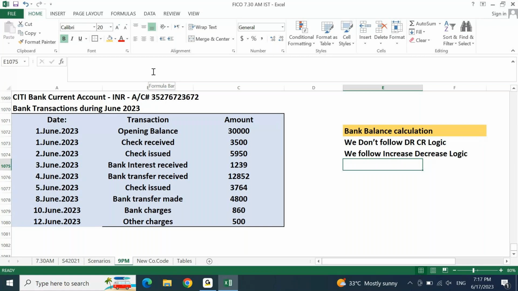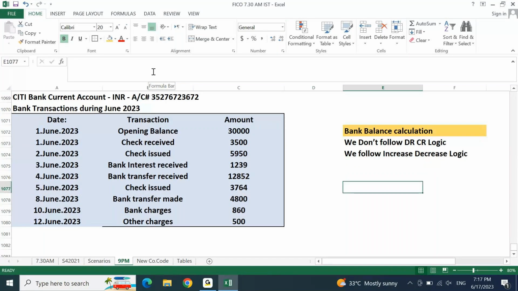There will be a slight misunderstanding. You may find it tricky to convince the other person if you are following debit credit concept. If you are clear with the logic, you can talk about it because you are able to convince the other person. But if you are not clear, do not follow debit credit. Instead, always try to follow increase decrease logic. Clear?